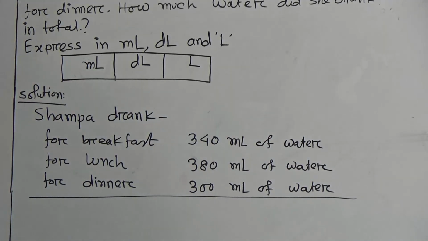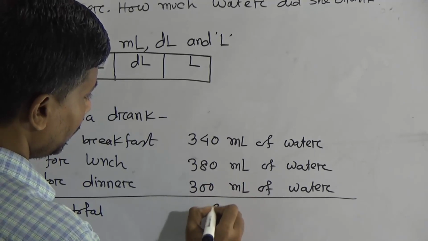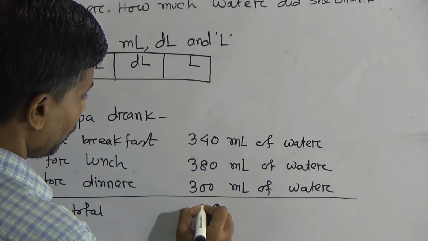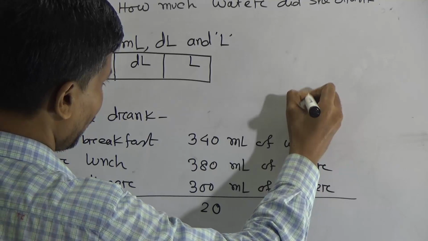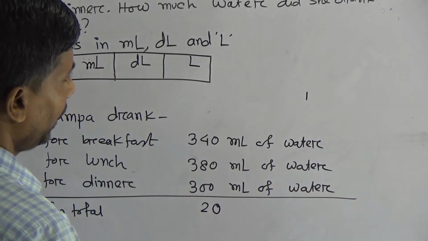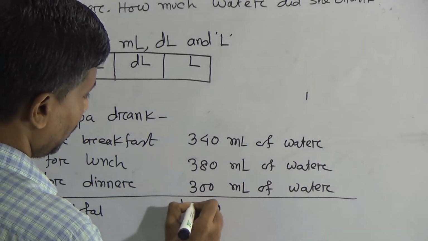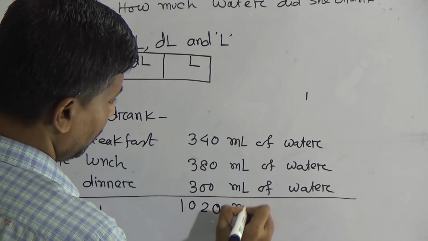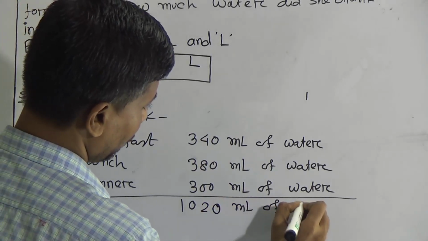Okay, now write in total, adding. 0, 8 plus 4, 12, you have 1 in your hand, 3 is a 9 plus 1, 10.